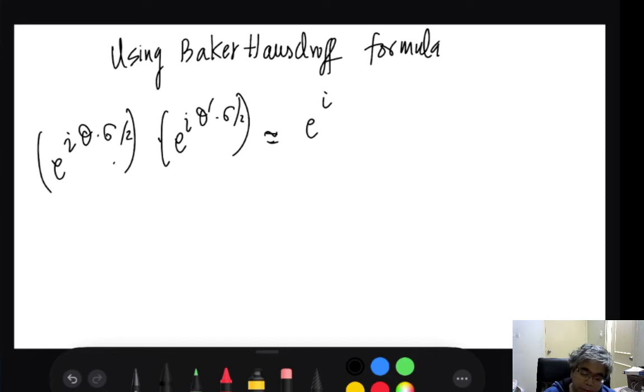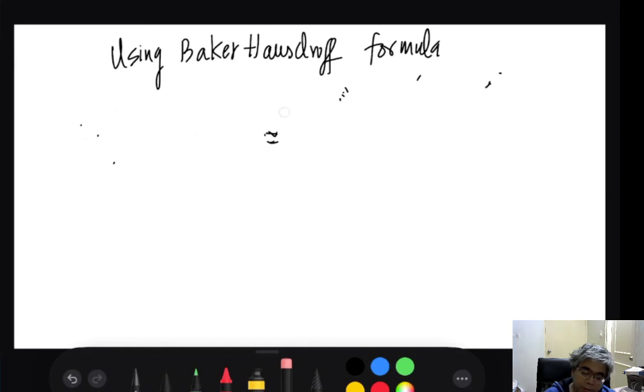Let me forget about the factors of 2 here for a while. If you have matrices, e power a times e power b equals e power a plus b plus 1 by 2 commutator of a and b, and so on.